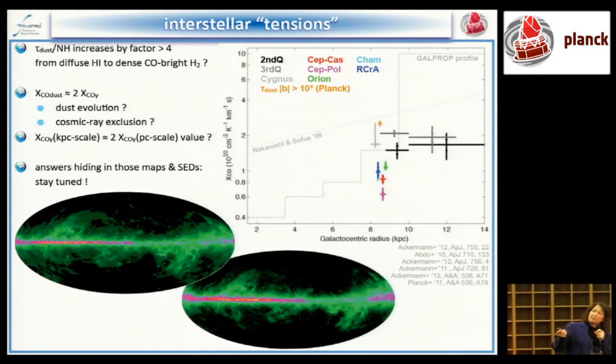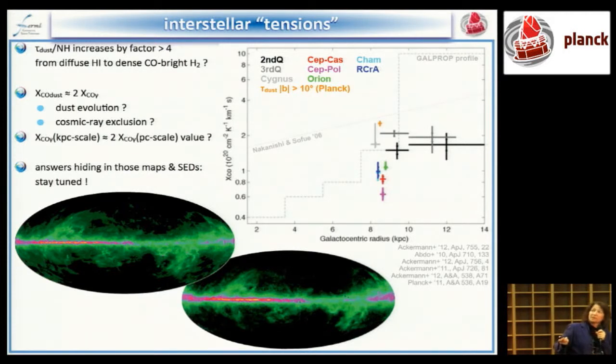And the second aspect, which is another tension, is that here you see the X ratio measured by the gamma rays in well-resolved clouds. Here you see the X ratio measured by the gamma rays again, same technique, in farther away complexes.